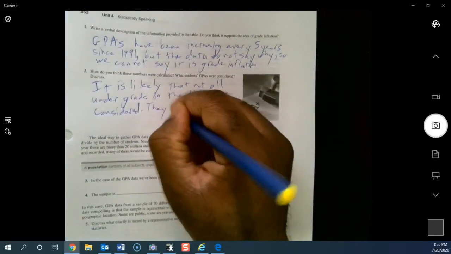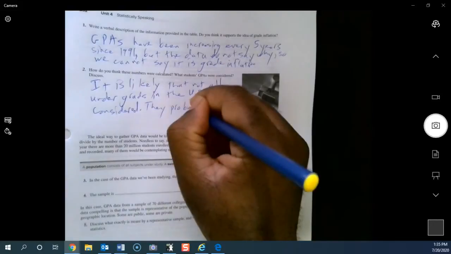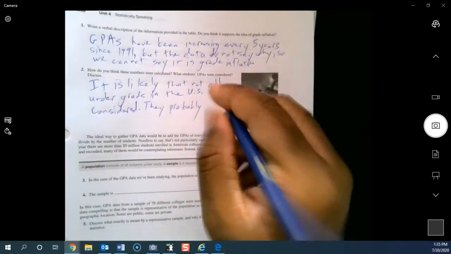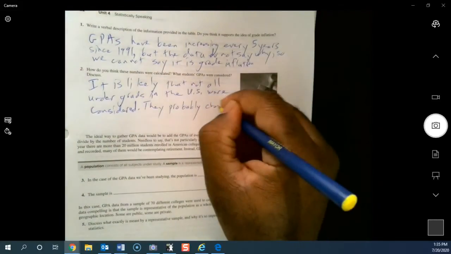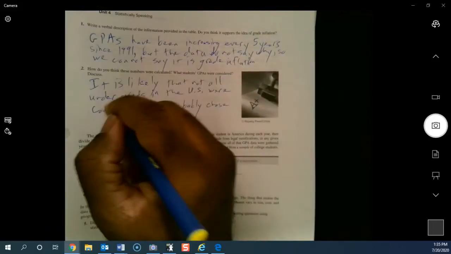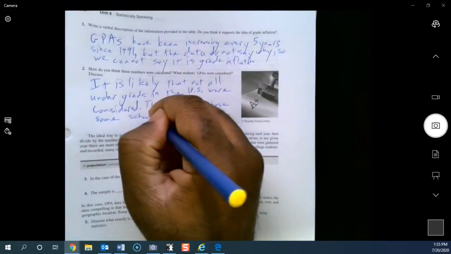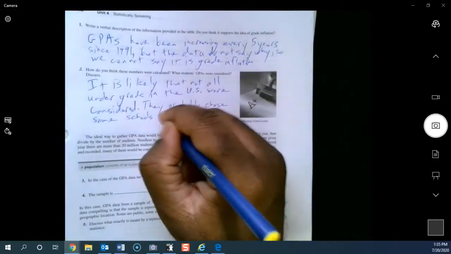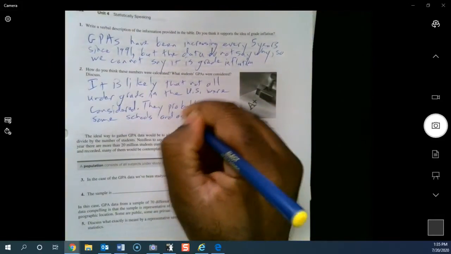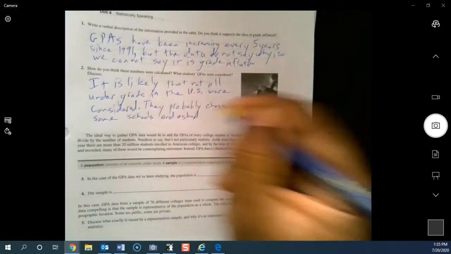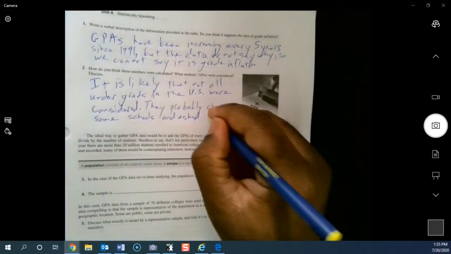They probably chose some schools and asked them for GPA data.